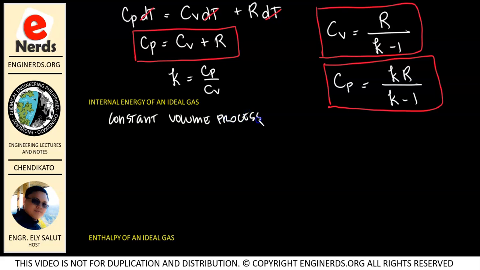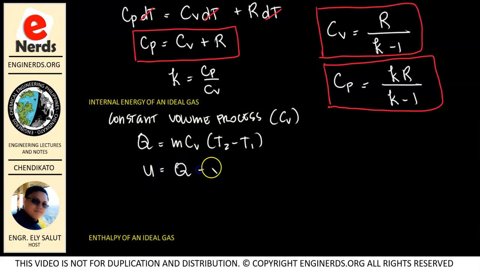We said earlier that at constant volume process, our specific heat is Cv, right? And with that, we have our Q is equal to mCv (T2 minus T1), or delta T.